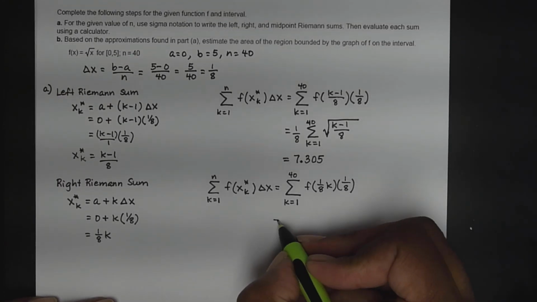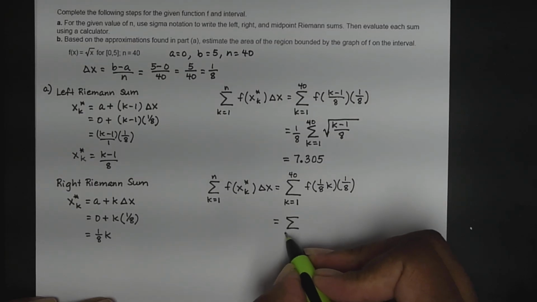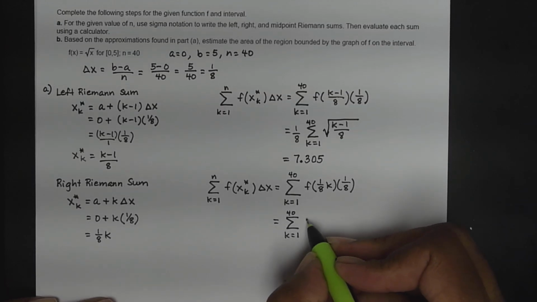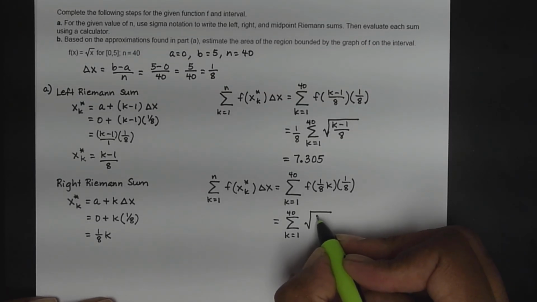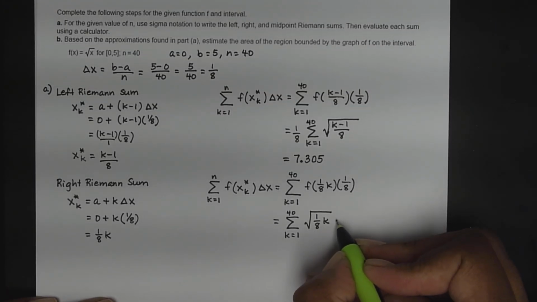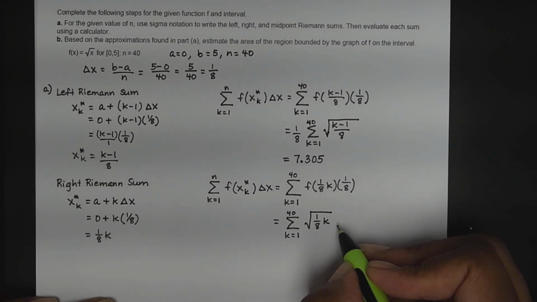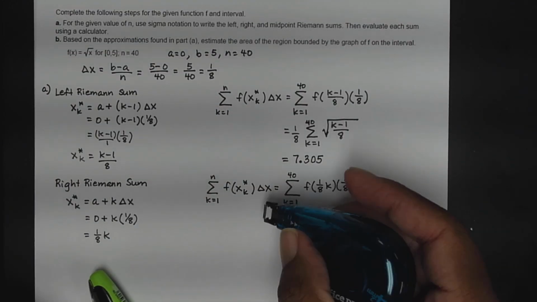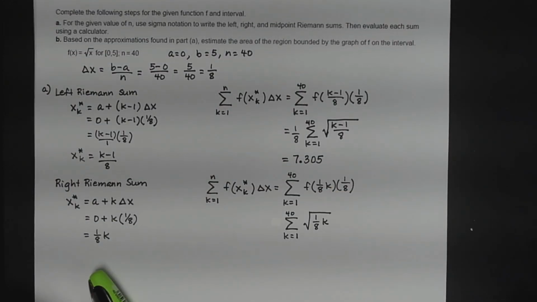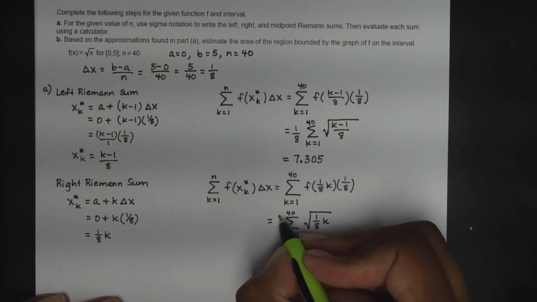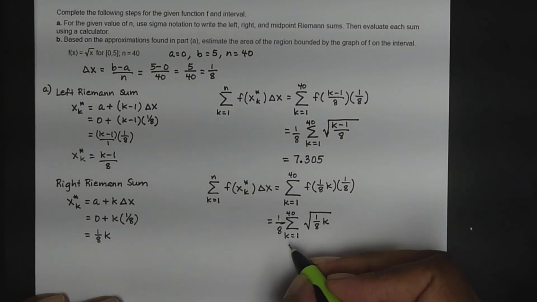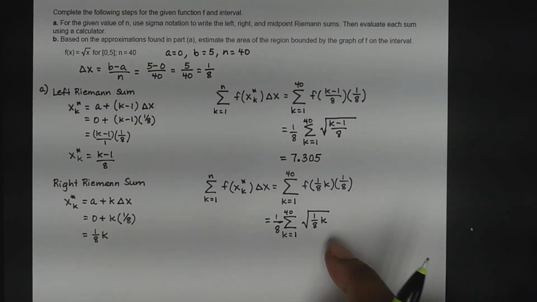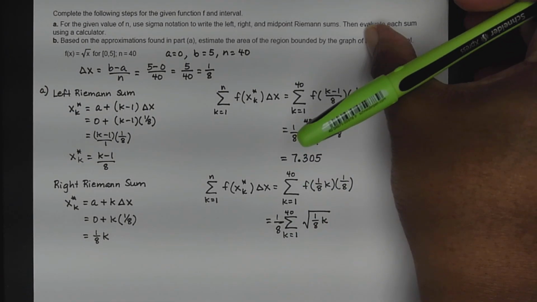So I'll still have the summation for k equaling from 1 to 40 of the square root of 1/8 k. I'll pull that 1/8 out in front, so I have 1/8 times the summation for k equaling from 1 to 40 of the square root of 1/8 k.